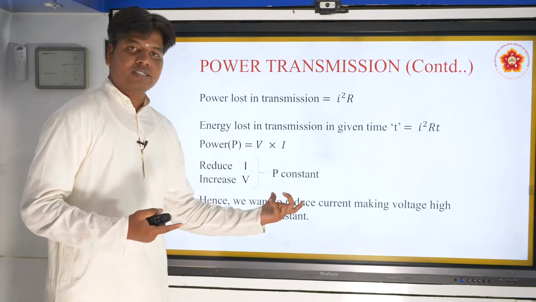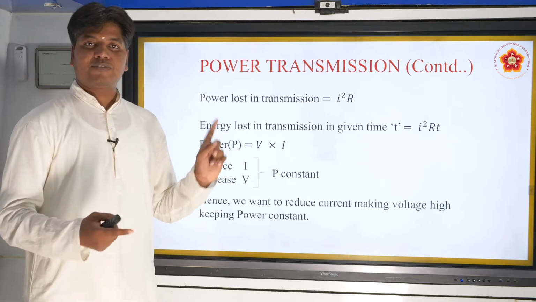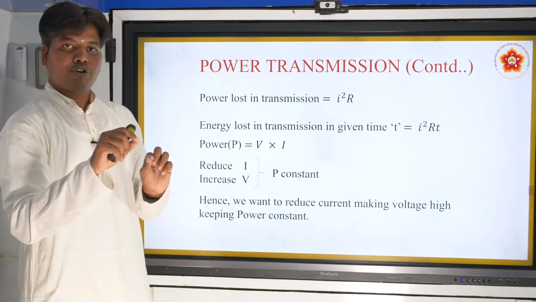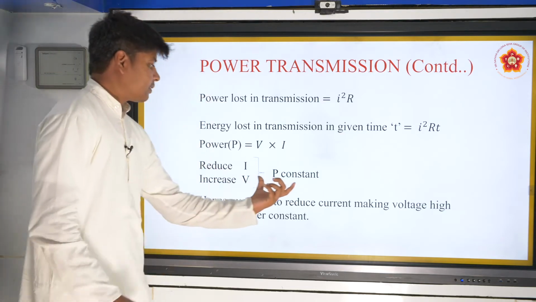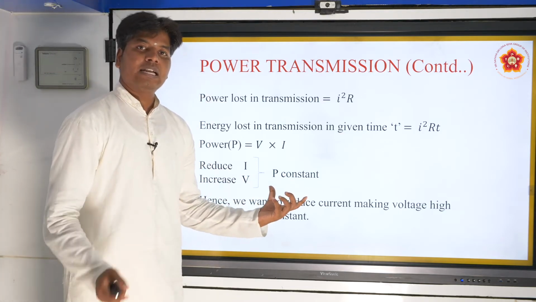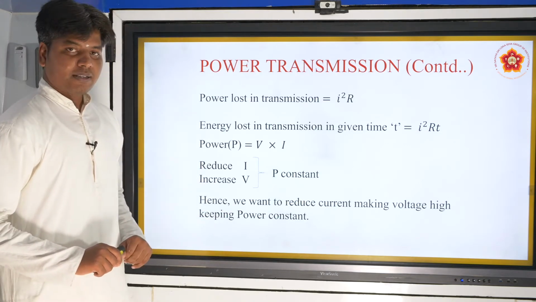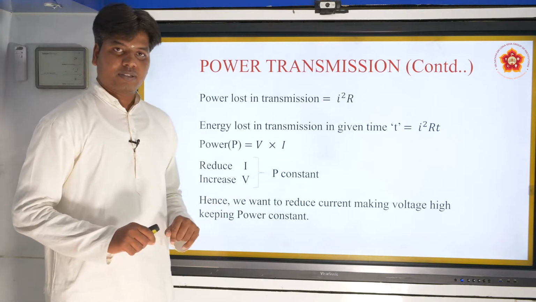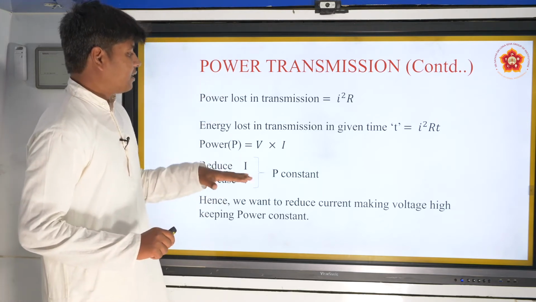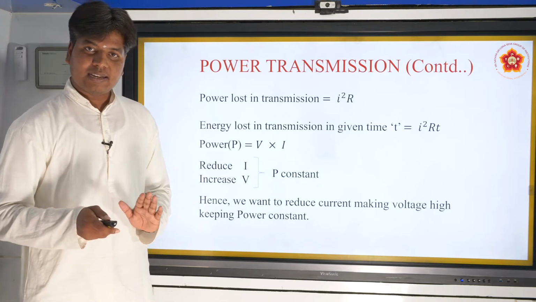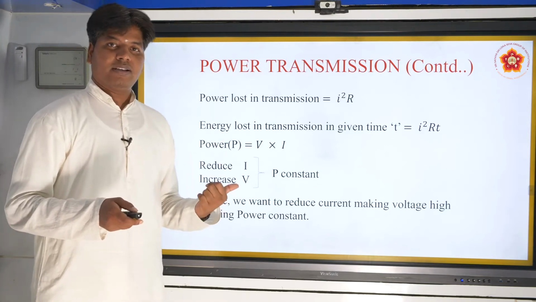The power is constant, the same. This is an example for your intuition, but this is how it works. So power transmission has to be done at high voltages and low current, right?